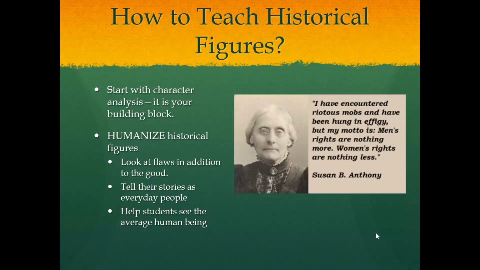Her BFF was Elizabeth Cady Stanton. When she met and started hanging out with Elizabeth Cady Stanton, they realized that they had similar feelings about their advocacy for women's suffrage. They bonded over women's suffrage. One time in 1852, Susan planned to speak at a temperance meeting.